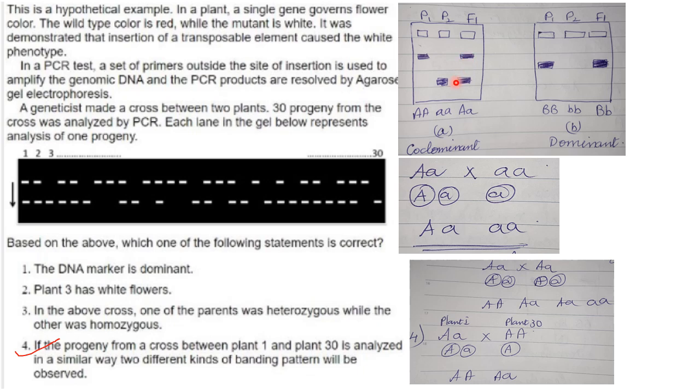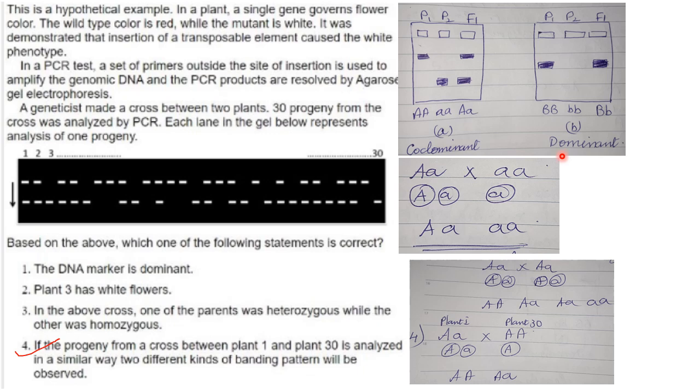One is of capital A, another is of small a. That is the case of codominance. Now dominant marker means these are the parents P1, P2. F1 will be capital B, small b. It will show only the dominant band, not the recessive band. So that is the difference between a dominant and a codominant marker.